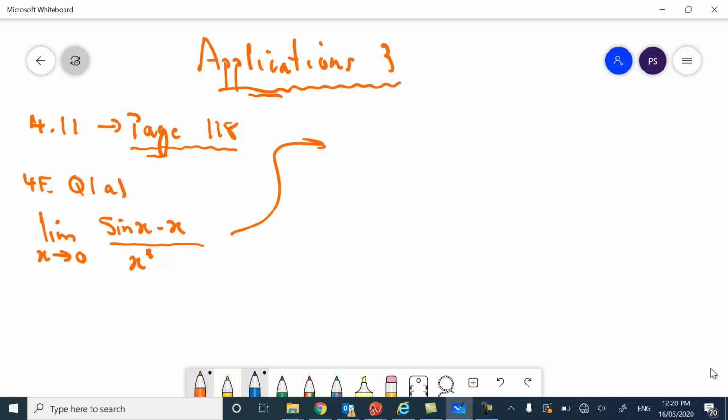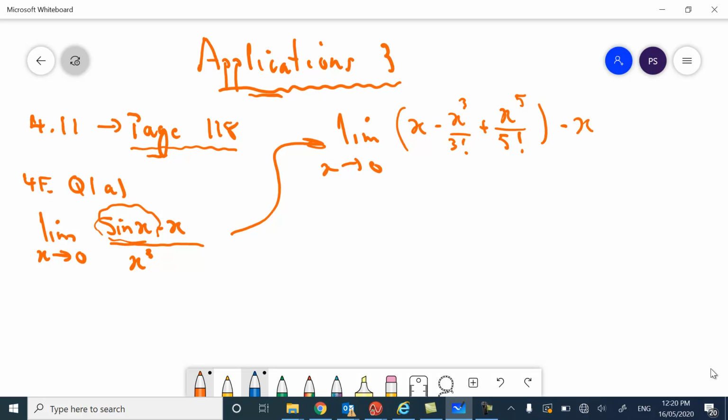So basically, we've got the limit as x approaches 0. Let's use a Maclaurin series here for sine, which is x minus x cubed on 3 factorial plus x to the power of 5 on 5 factorial. So there's my sine x there. Then I'll subtract x, and I need to divide by x cubed.